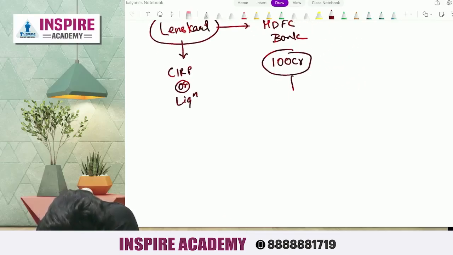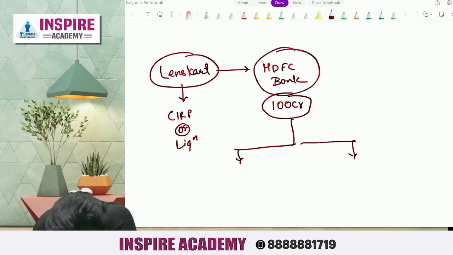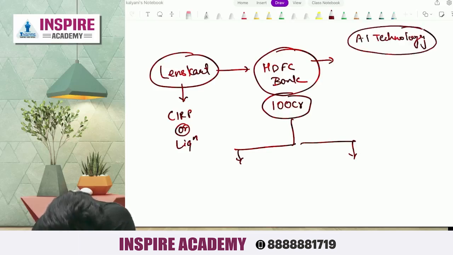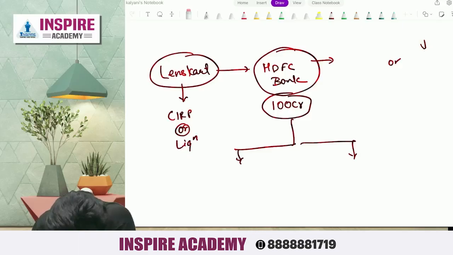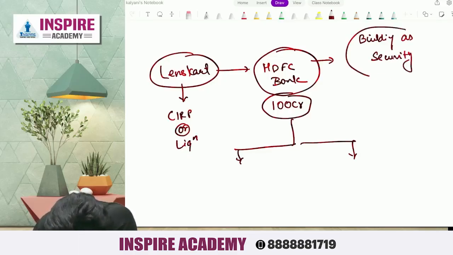So HDFC Bank has got two options, and security, let's say, security can be given as building.